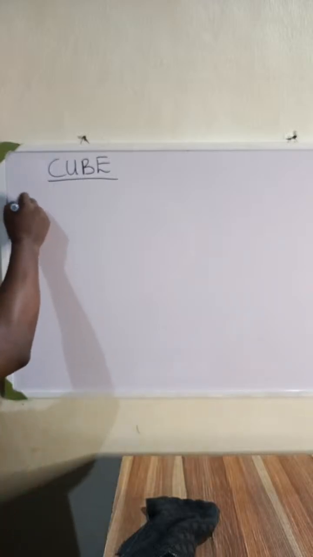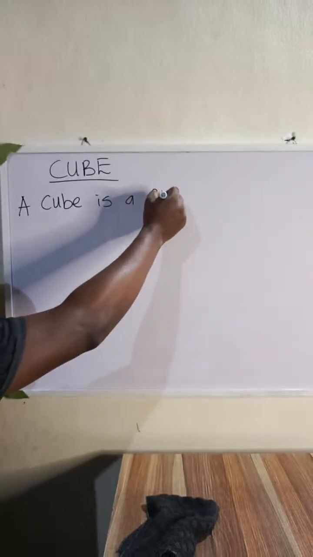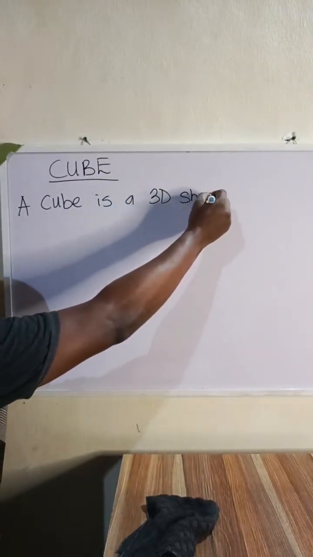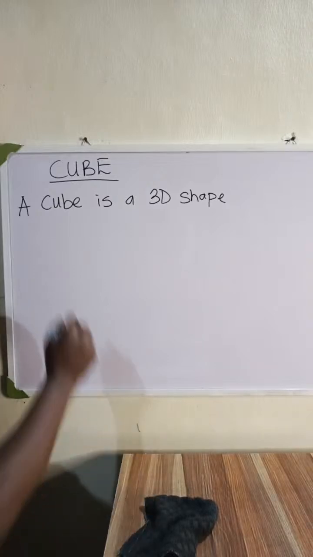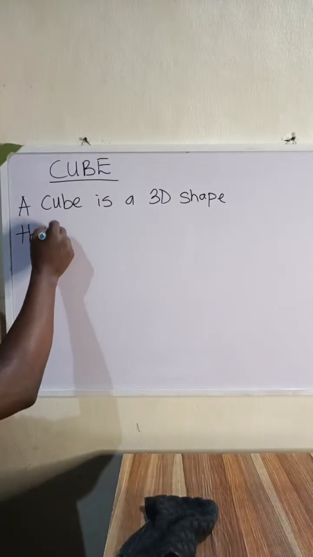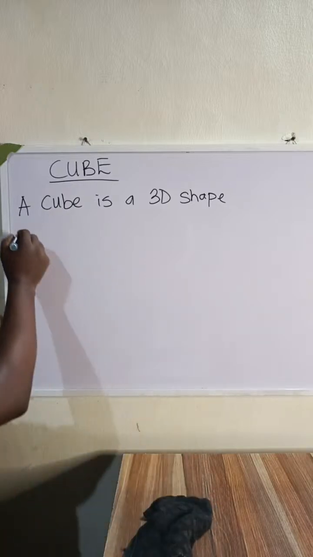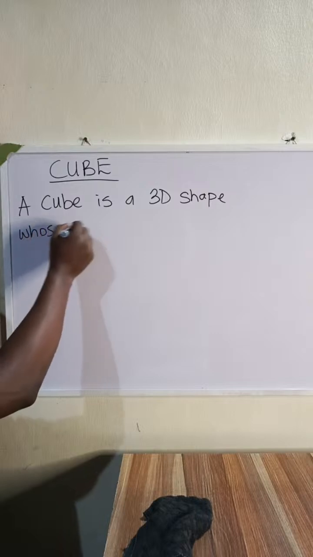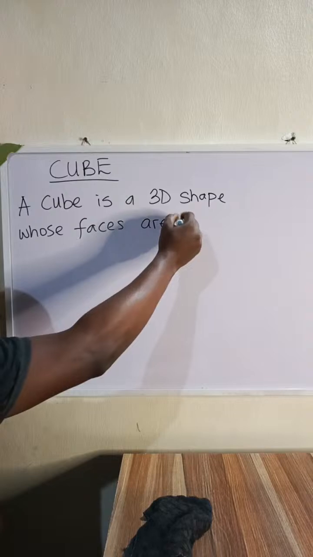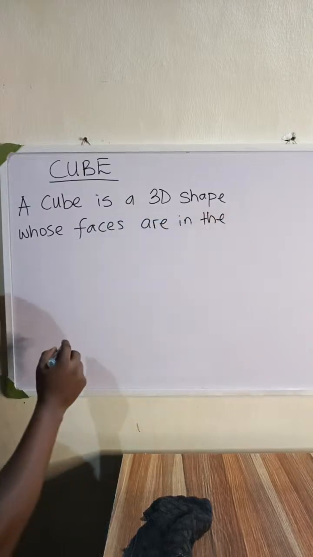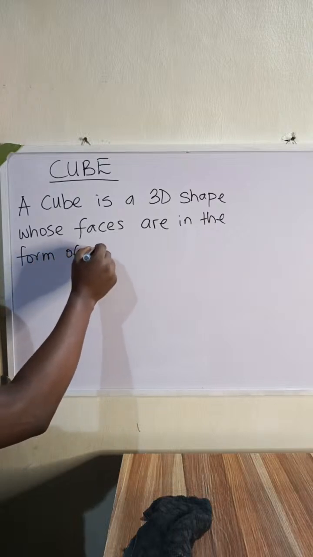A cube is a 3D shape. When I say 3D shape, I mean solid shape. A cube is a 3D shape whose faces are in the form of squares.